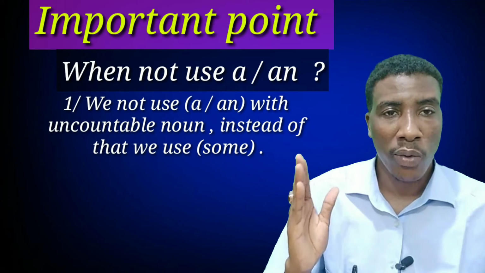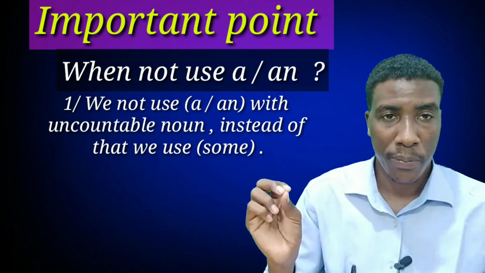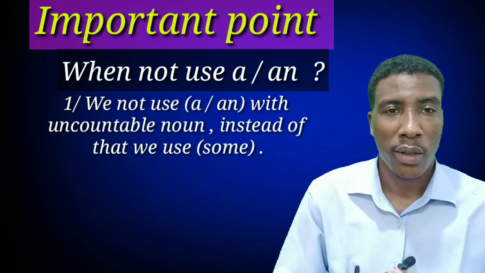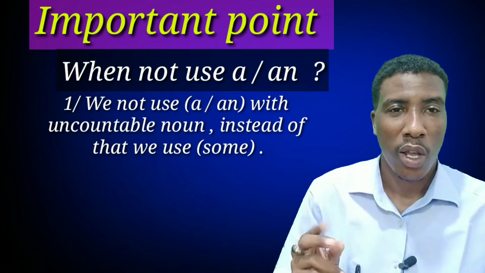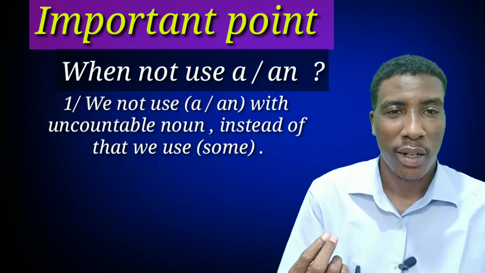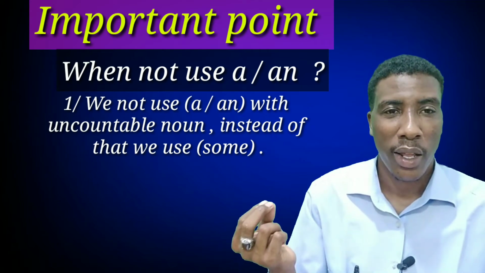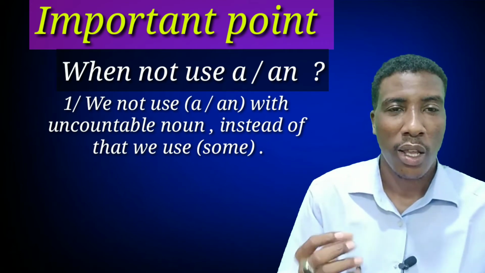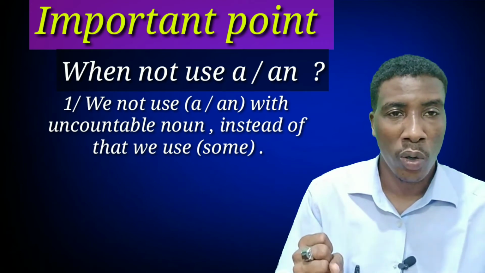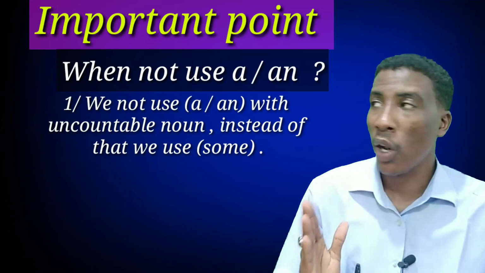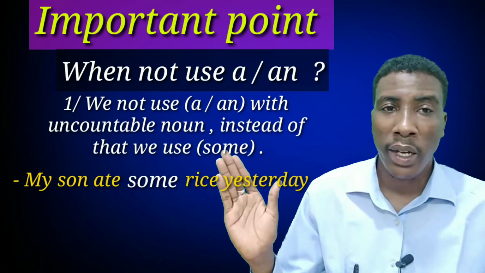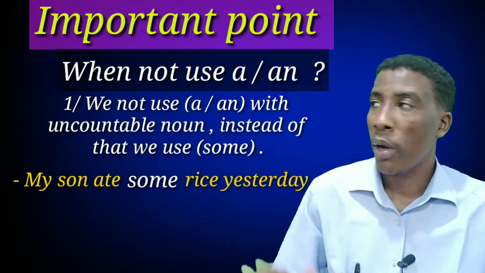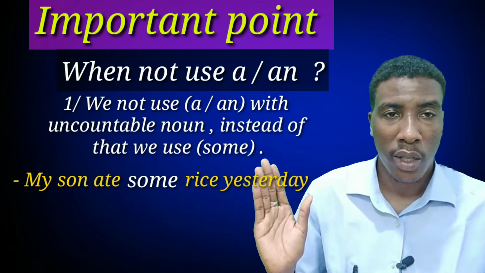So instead of this, we use some. So we cannot say an information, or a water, or a milk, or a knowledge. But instead, we use some. For example, my son ate some rice yesterday.